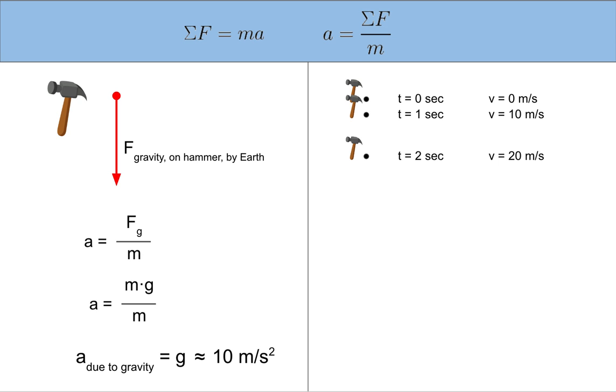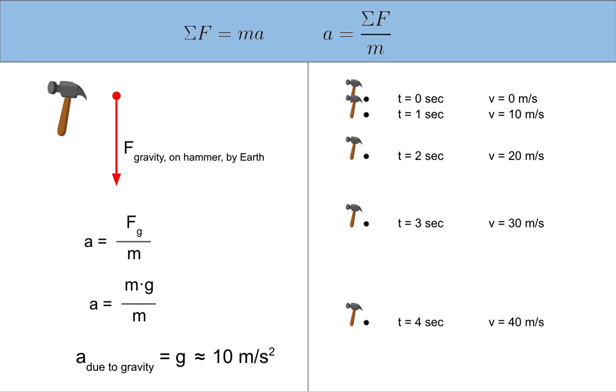So after 2 seconds, it would be moving 20 meters per second. After 3, 30 meters per second, 40 meters per second. And notice how the distance that it travels keeps getting bigger and bigger. Because it's accelerating, it's going to travel a greater distance during each interval of time.